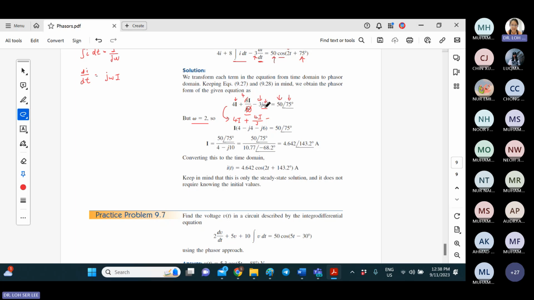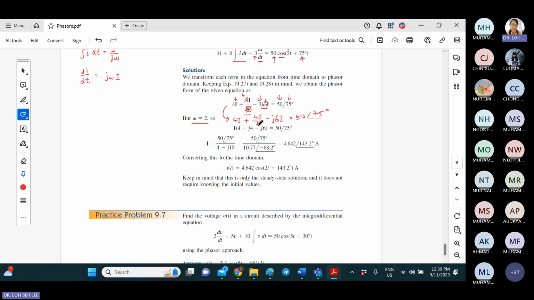So 2 times 3, you get 6. So you have J6I equals to 50, 75. So far I just substitute the value of W, which is 2, into this equation.